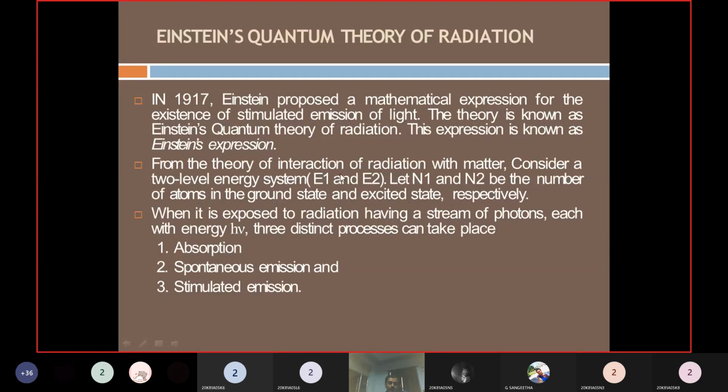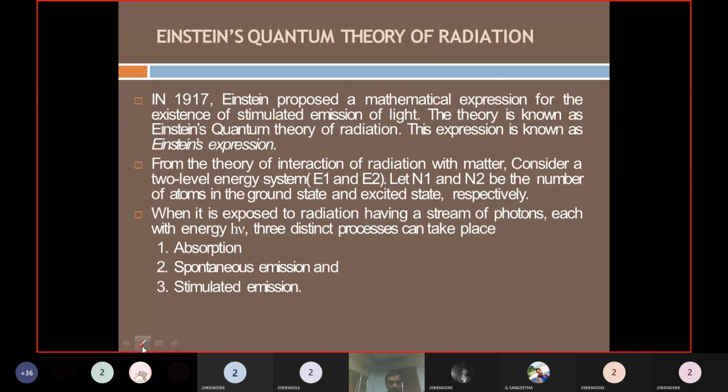Now, from the theory of interaction of radiation with matter, we consider a two level energy system. For explaining the interaction of radiation with matter, we are considering two energy levels.